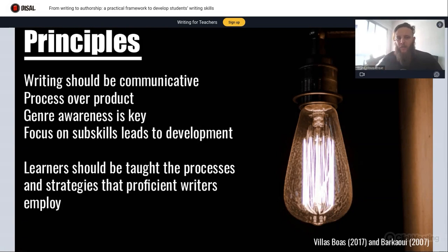So making writing communicative by using a genre that exists is repetitive, because if it doesn't exist, it's not a genre. But using a real life genre is bound to make writing classes more interesting, more communicative, more engaging. Right? There's a purpose for writing. There is a layout. There's a target audience.